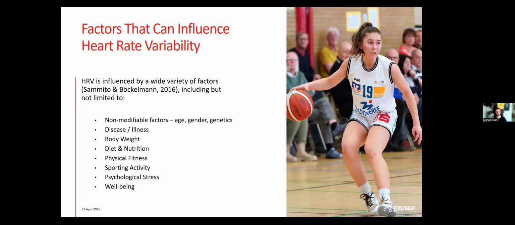So it is quite all-encompassing. It does take everything into account, which, like I mentioned before, is a good thing, because it all ties together into how the athlete is coping with their training.